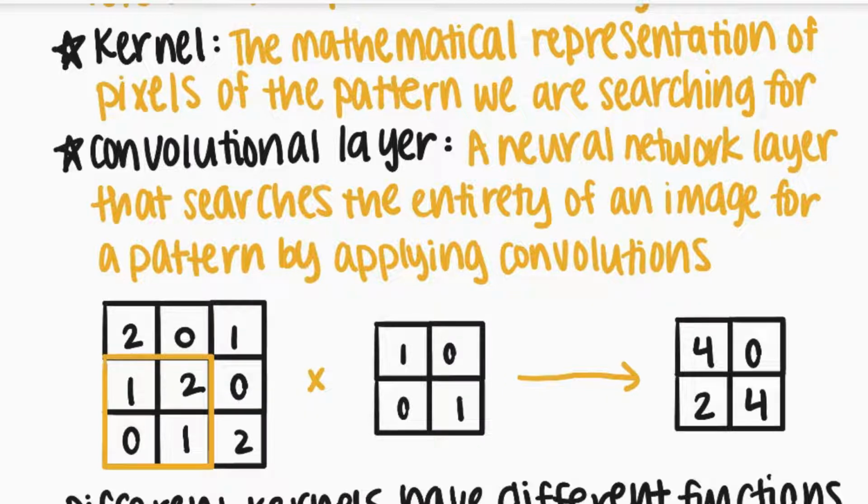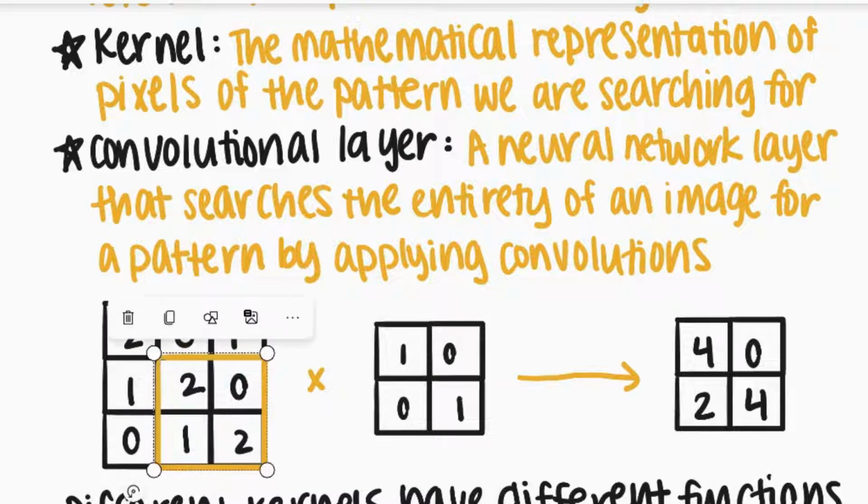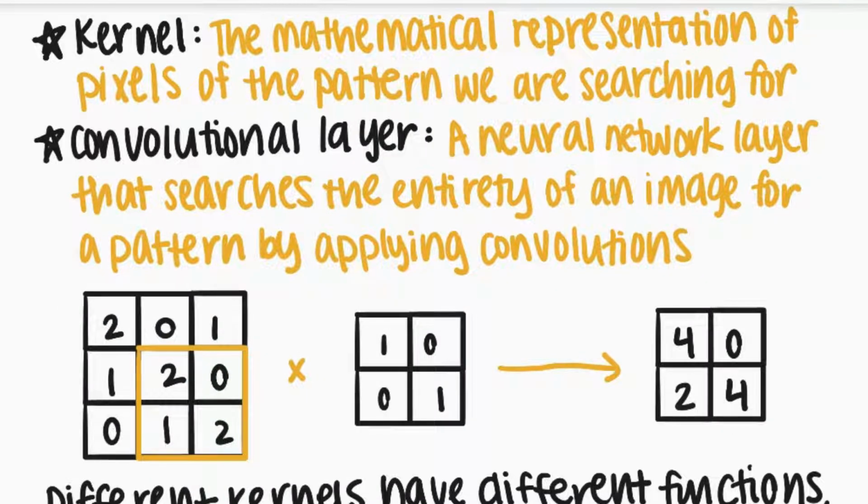And when we add all of that up, we get 2. And finally, we're going to apply it to this section right here. So we're going to do 2 times 1 plus 0 times 0 plus 1 times 0 plus 2 times 1, which again ends up being 4. And so when we do all of that, we finally get this resulting matrix right here.